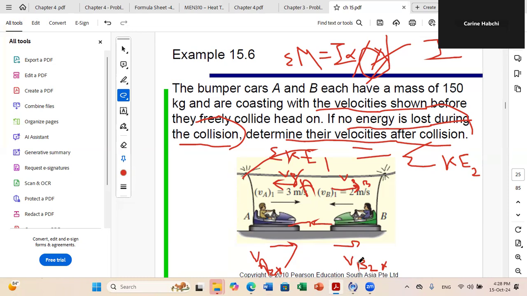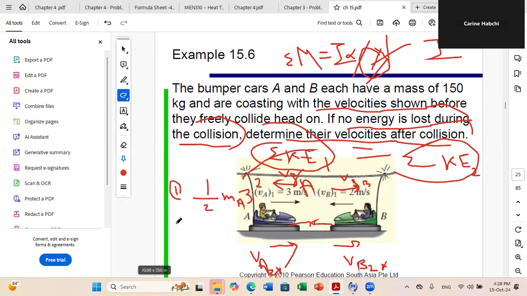I have two unknowns here, so I need to solve two equations. The first equation is clear because they told me no energy is lost during collision. So summation of kinetic energies at state 1 is equal to summation of kinetic energies at state 2. So equation 1 will be half MA times VA1, which is 3, so times 3 squared, plus the initial kinetic energy of B, so plus half MB times 2 squared.